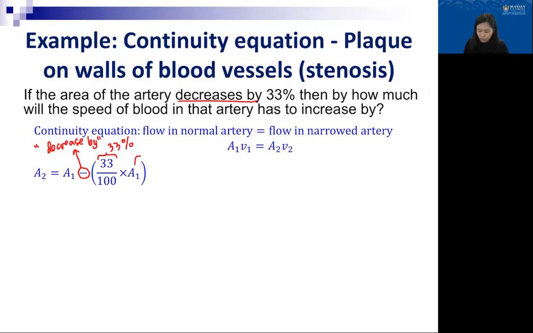A1 is the normal area, right? So the new area is the normal area minus the 33% of the normal area, because the new area decreases by 33% of the original or normal area, right?